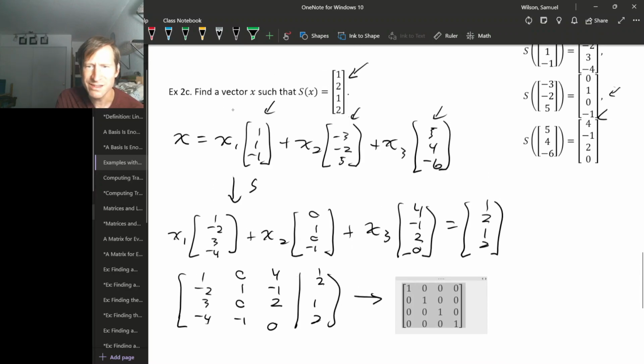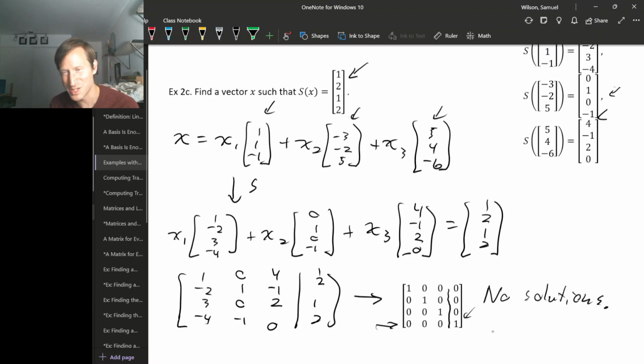But if you look at this, this one has a row that is all zeros except in the augmented column where it's a 1. When we get this for the row reduced form of an augmented matrix that represents a system, there aren't any solutions. So this has no solutions. Okay, so let's back up and interpret no solutions in terms of the original question.